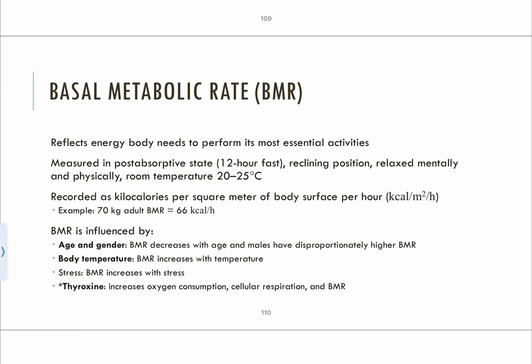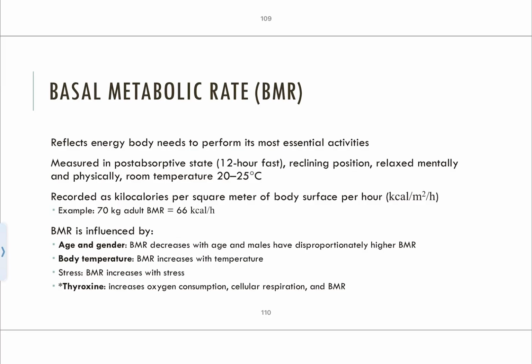We record our BMR as kilocalories per square meter of body surface per hour. So for example, a 70 kilogram adult male of average height would have a BMR of approximately 66 kilocalories per hour.